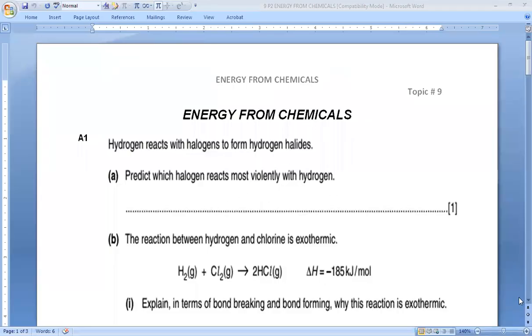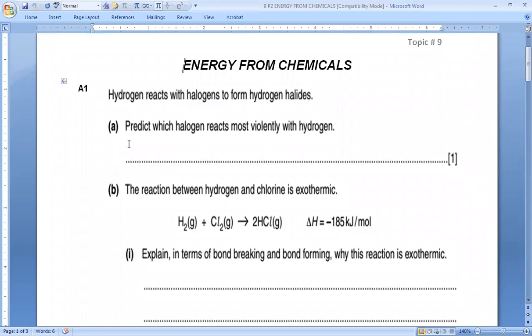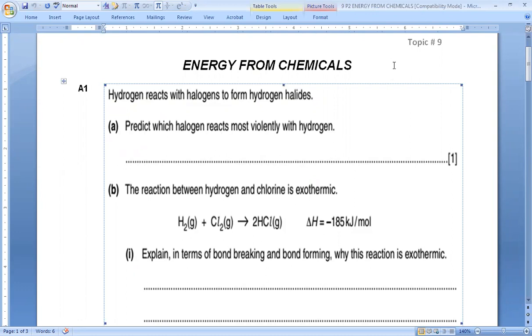Now this is the part 2 paper, a structured question related to energy from chemicals. Hydrogen reacts with halogen to form hydrogen halide. Predict which halogen reacts most violently with hydrogen. Keep this in your mind.